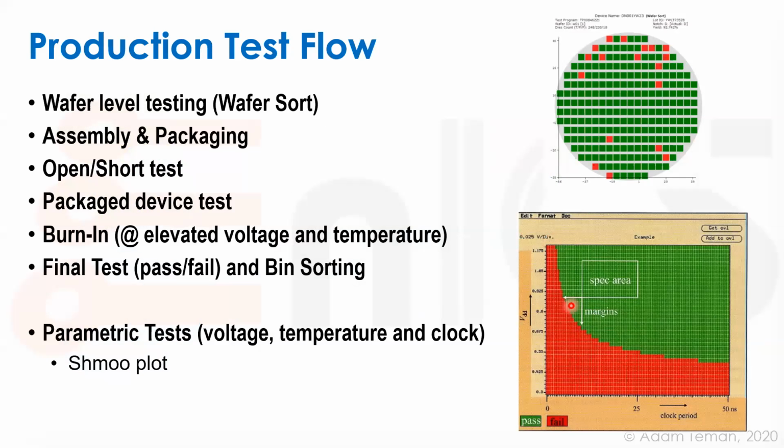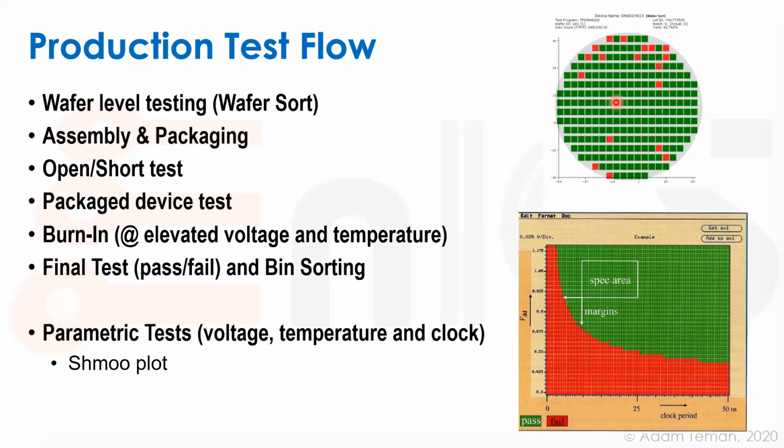Okay, so that's kind of the thing. There are several types of steps that we take when we do production test. The first one would be wafer level testing. You can see this picture over here, which is like a yield map where we went onto the wafer and we marked bad dies on the wafer. That's an important thing to do because we don't have to pay for the assembly and packaging.